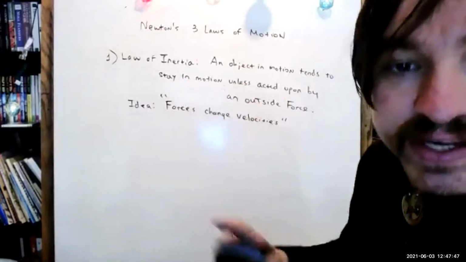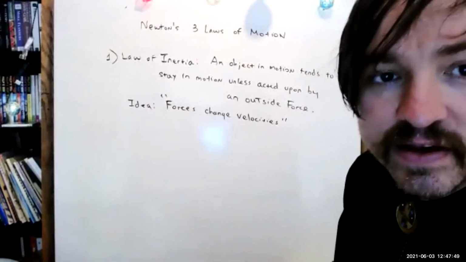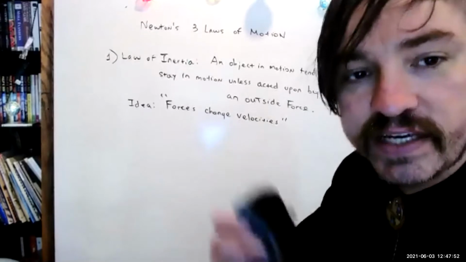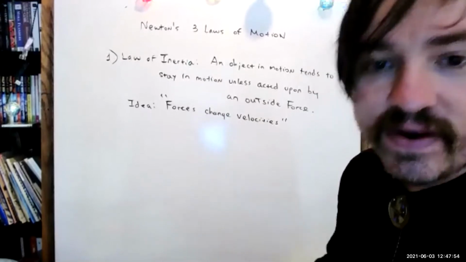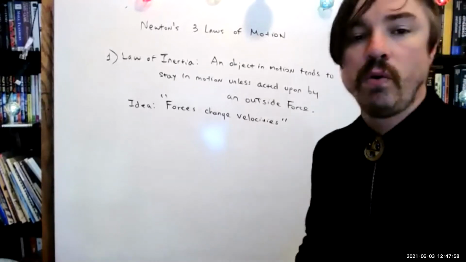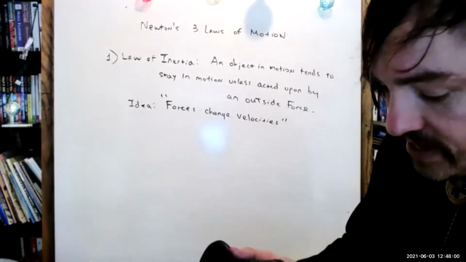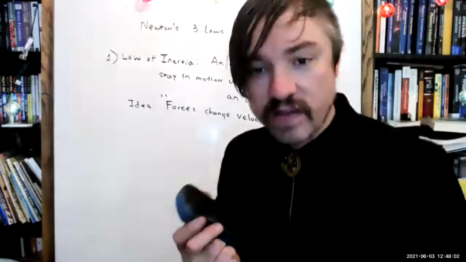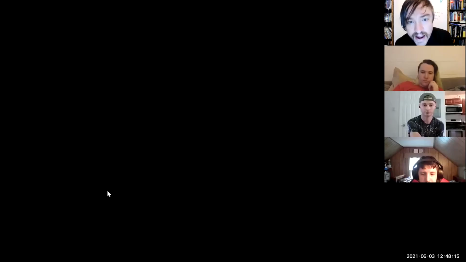There's a corollary to this, another way of stating this, sometimes phrased as an object at rest tends to stay at rest unless acted upon by an outside force. Why does such a law need to be stated? Because in Aristotle's original book on physics, he tried having a description of motion in which he talked about why objects like stones and rocks come to rest when they are rolled along the ground.